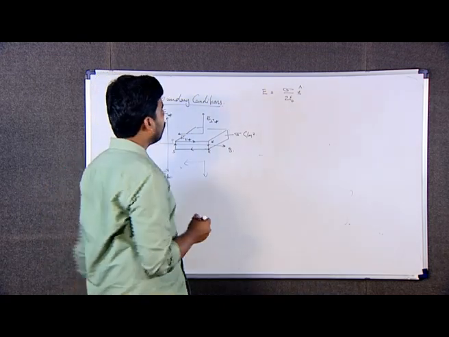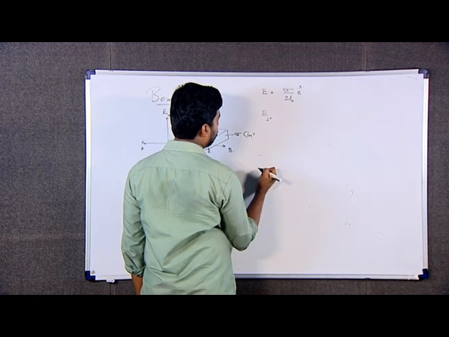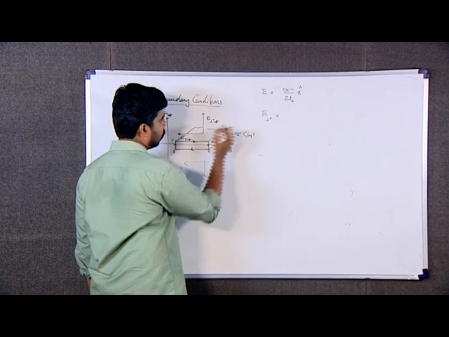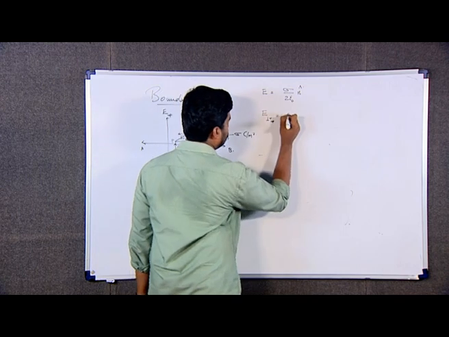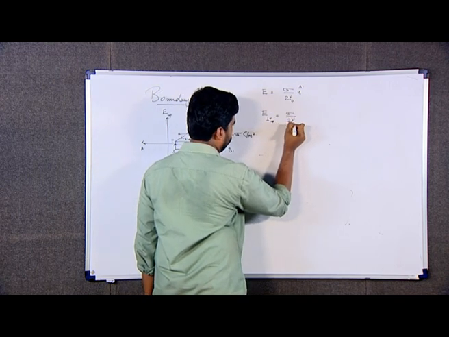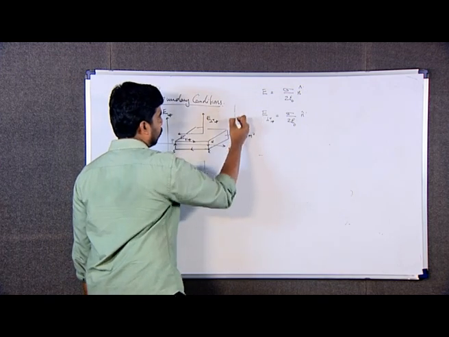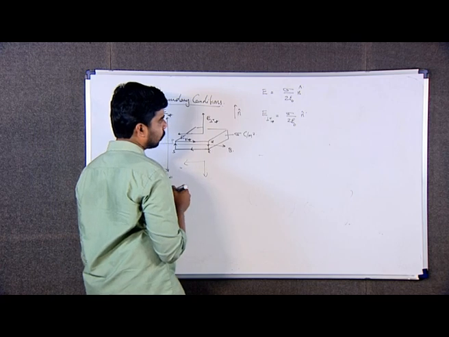So, what about the E perpendicular component? For this thin sheet of charge, E perpendicular up component is equal to sigma by 2 epsilon 0 into n cap. Remember, I am setting this n cap in this direction.